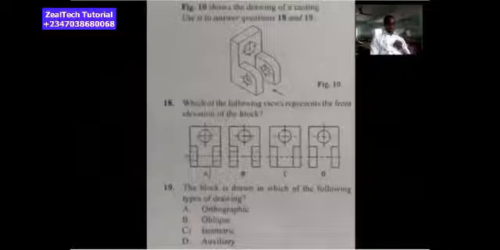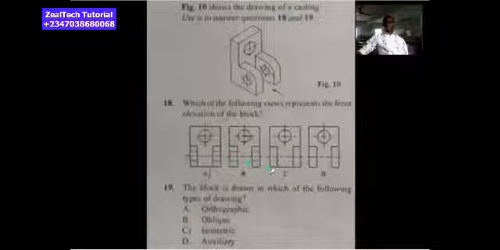Now we have a problem where we are given figures. Figure number 10 is to be used to answer questions number 18 and number 19. Let us answer both at the same time. Which of the following views represents the front elevation of the object? You see, this object is drawn in such a way that there's a deception here. A and B seem to look similar. Even C seems to be correct.